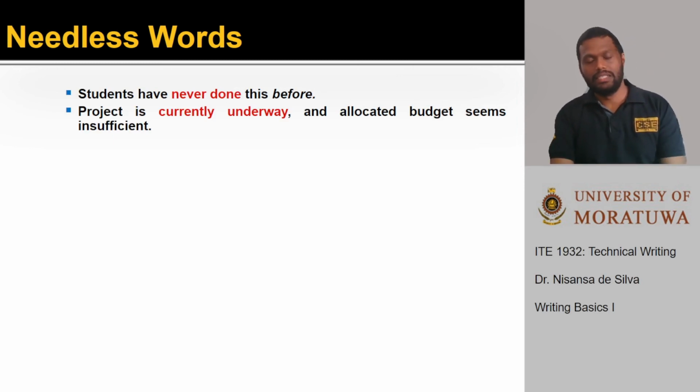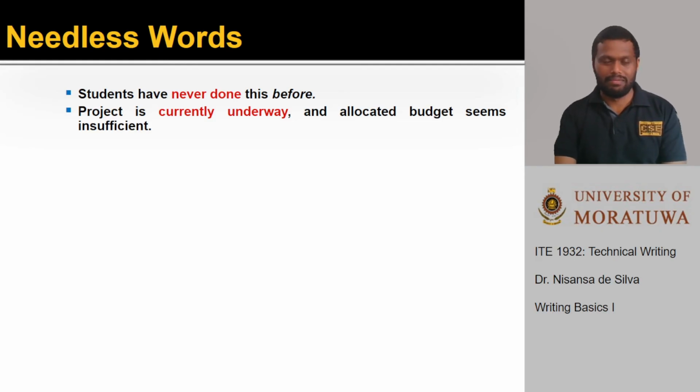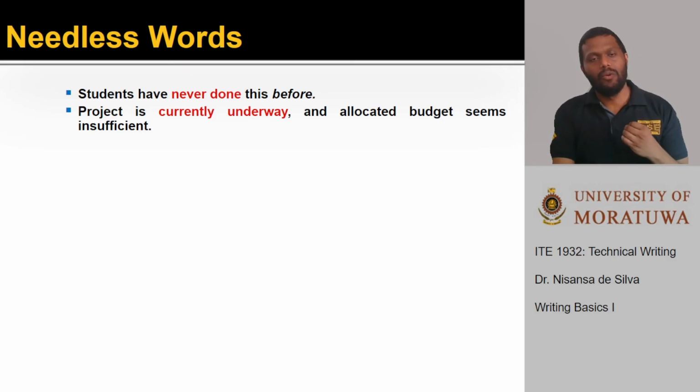Further on needless words, let's look at some examples. Students have never done this before. Project is currently underway. Now, if the people have never done this, it automatically implies that it hasn't been done before.